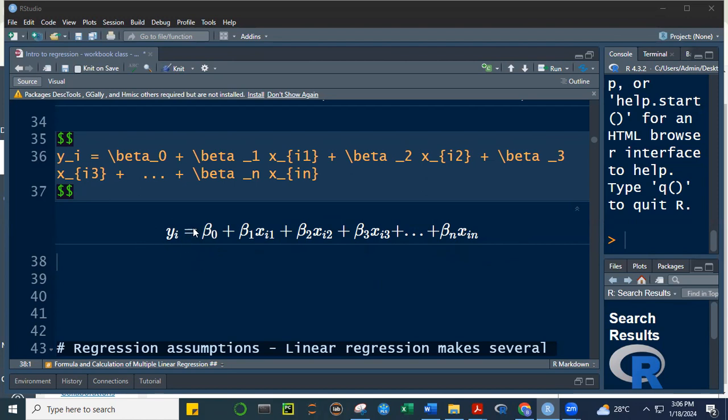Are they equal? Is the actual value equal to your predicted value? Is that possible, class? Is it possible for your actual value to be equal to your predicted value?